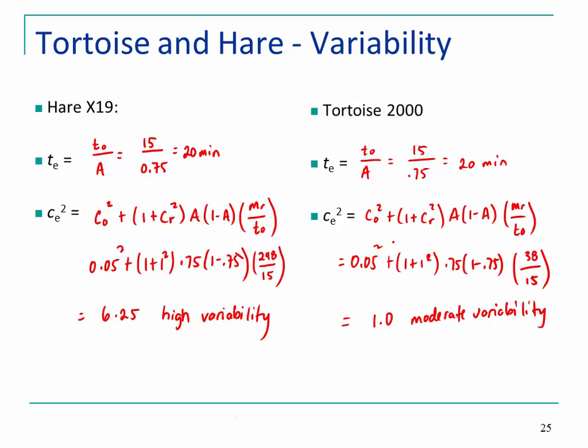So 0.0 squared plus 1 times 0.75 times 0.25 times this is how much?